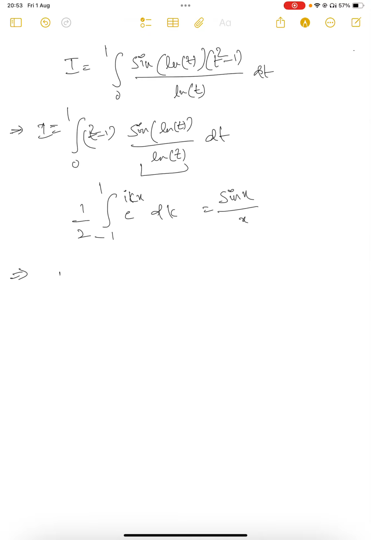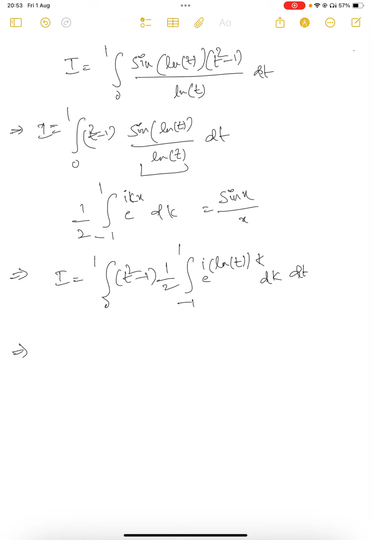Then from I equal to the integral from 0 to 1 of t squared minus 1, you can write it as half of the integral from minus 1 to 1 of e power i of x, where x is ln t, into t dk dt.